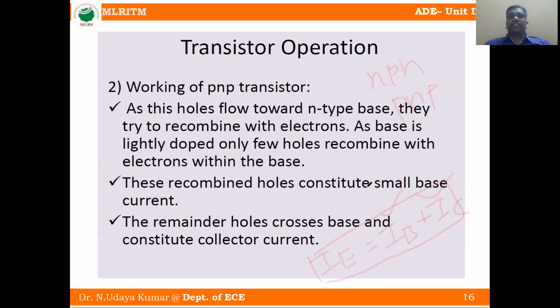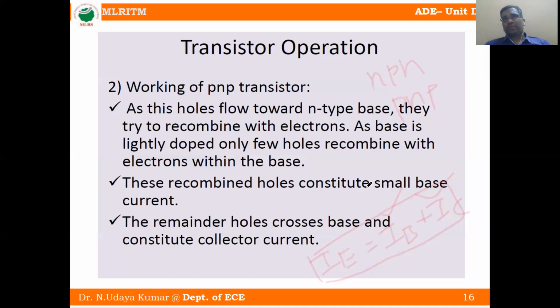These transistors can be operated in different ways because we have two junctions. In transistor biasing we use four ways. First junction forward bias, second junction reverse bias: that is one combination. First junction forward bias, second junction forward bias: second combination.